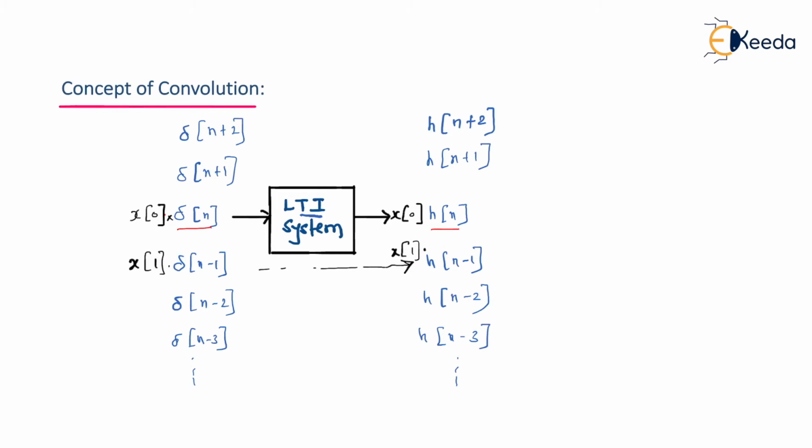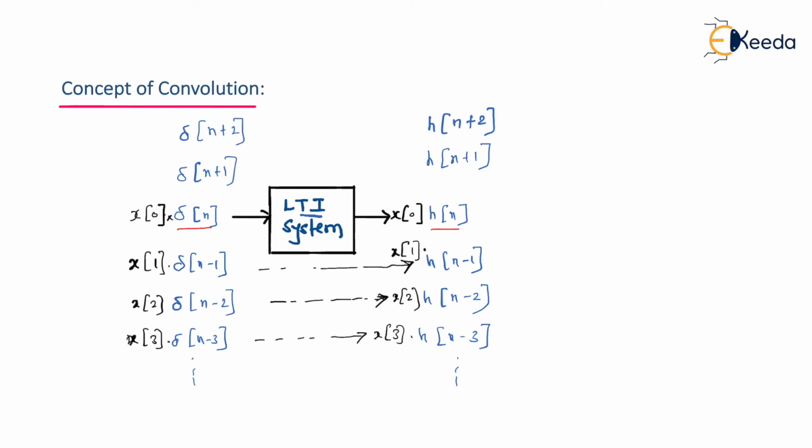Similarly, for del of n minus 2, we know that I'm getting h of n minus 2. So x of 2 times del of n minus 2 will give you x of 2 times h of n minus 2. Similarly, x of 3 times del of n minus 3 will produce, of course, x of 3 times h of n minus 3.